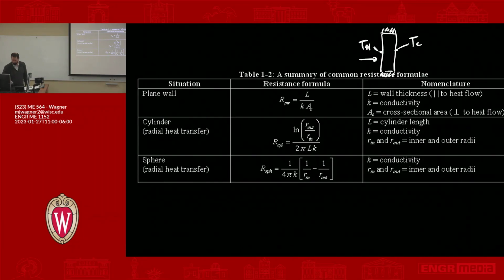So heat is flowing in this direction. The L that we're talking about is always the distance to conduct. It's the thickness of the thing that is between the two temperatures. So this distance is L. It's not the height.